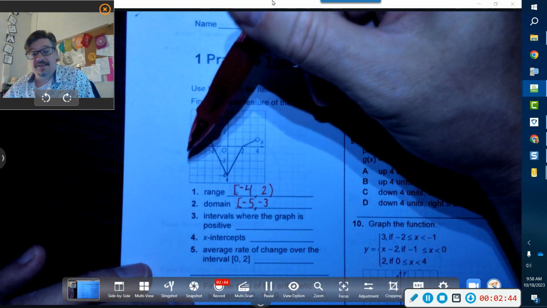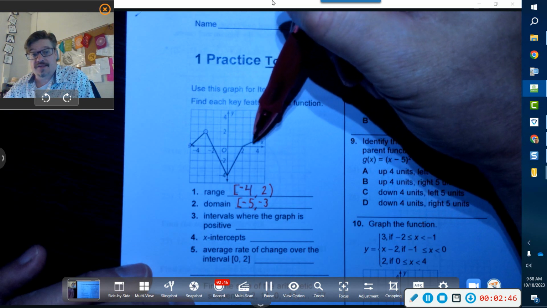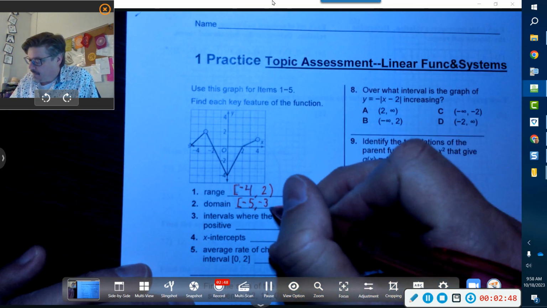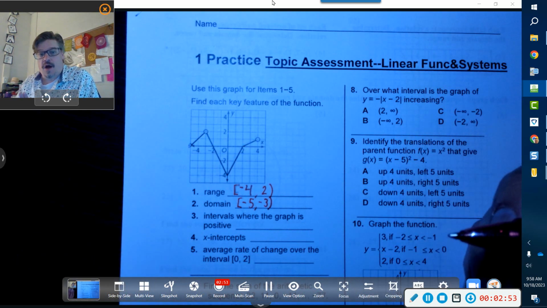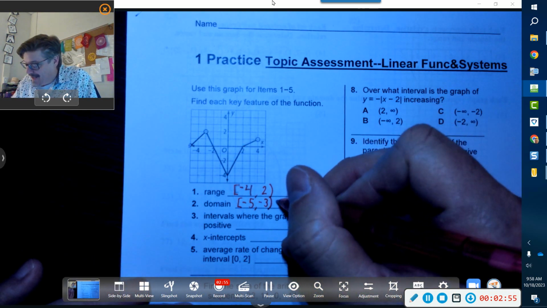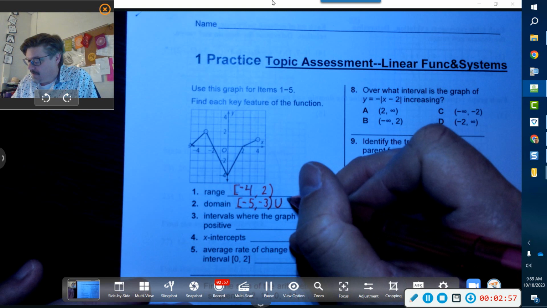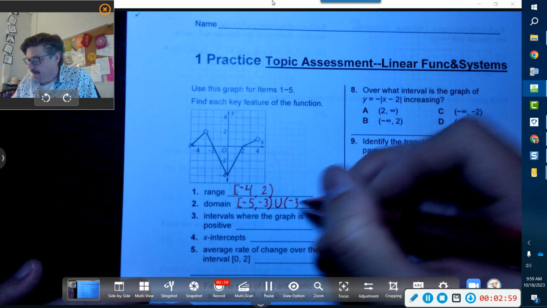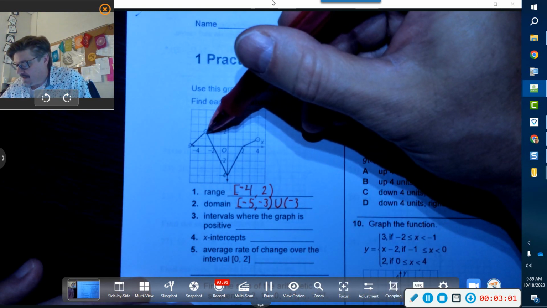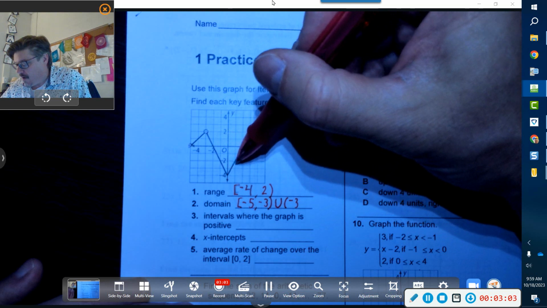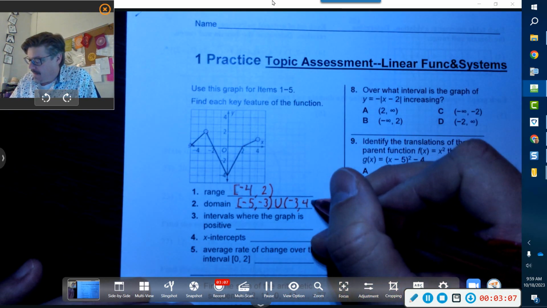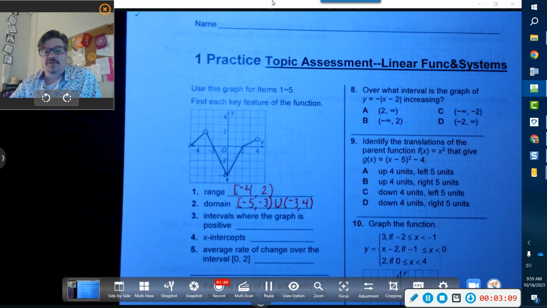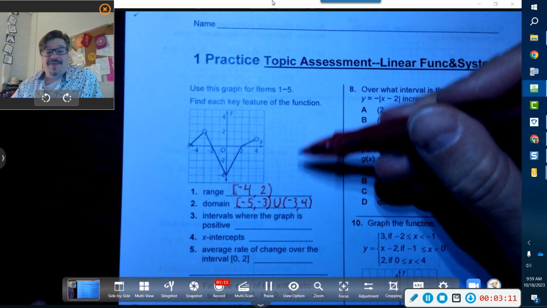Remember, these are the x coordinates as I'm moving across. I have to close it up with an open circle because I go up to -3. Then I have to start again on the other side of -3 and go all the way across, all the way until 4. Then I will stop, but it's an open circle, so I will not include it. So that is the domain.